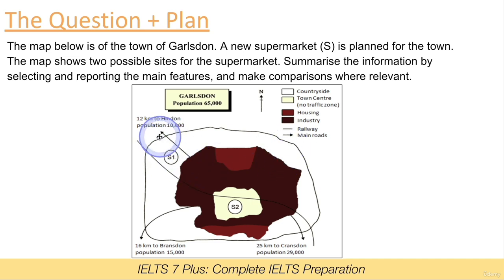We've got a main road running through, out of the industry area. So that's ideal for the industry residents to maybe access the new supermarket. And we've got the railway here, so we can definitely talk about transport for site 1.